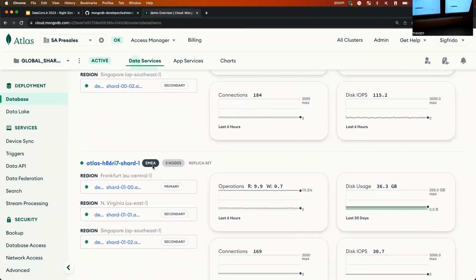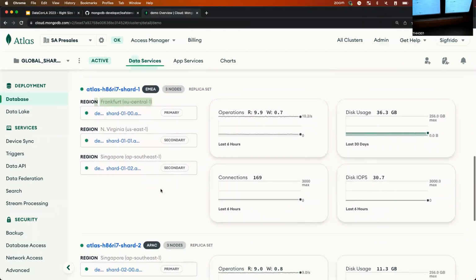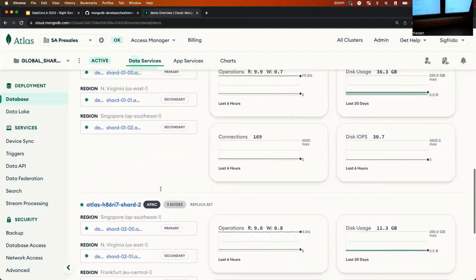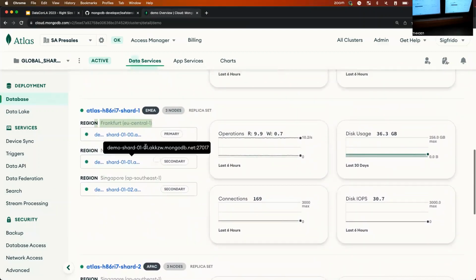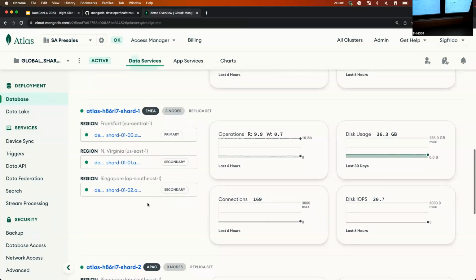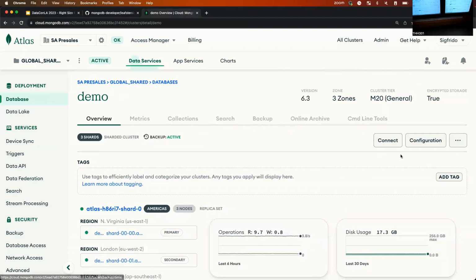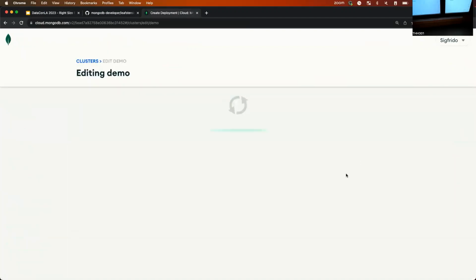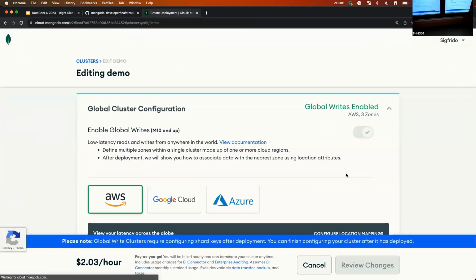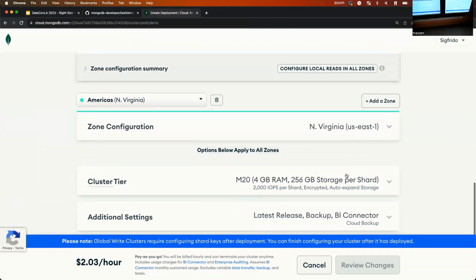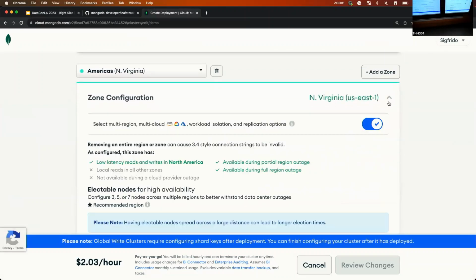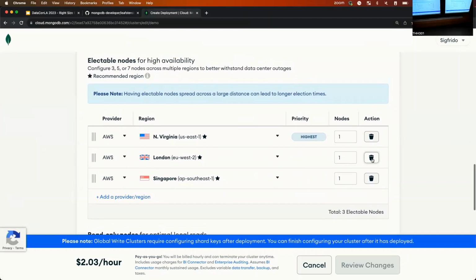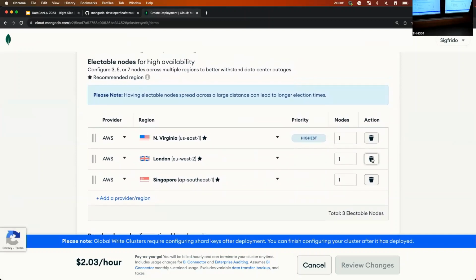Shard 1 is named EMEA, running on Frankfurt, Europe Central 1, and so on. Now, actually, this one is even more special because we've located each node in a different region. You can see here how every node in each shard is in a different cloud region.